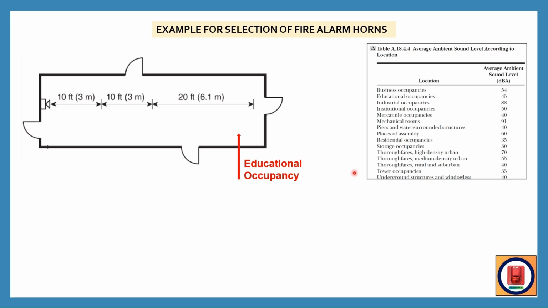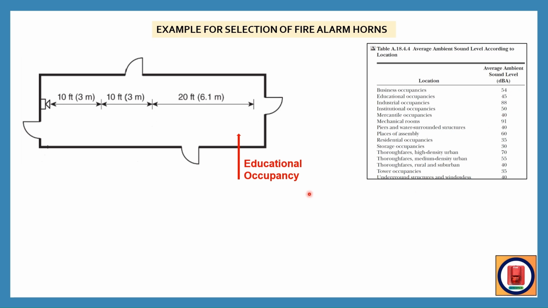So let's take an example using an educational occupancy for this particular room. First we will check this table for the average ambient sound level for an educational space, which is 45 dBA.